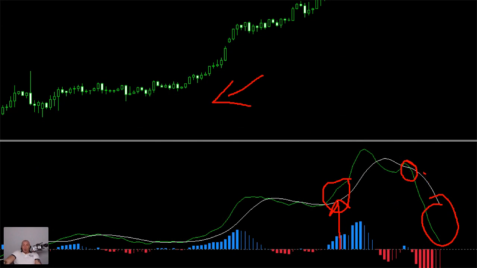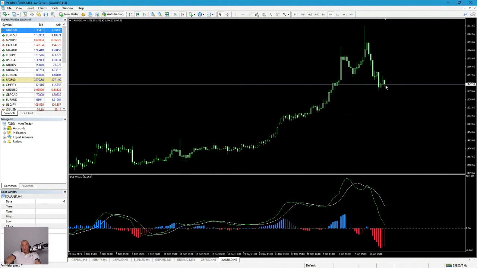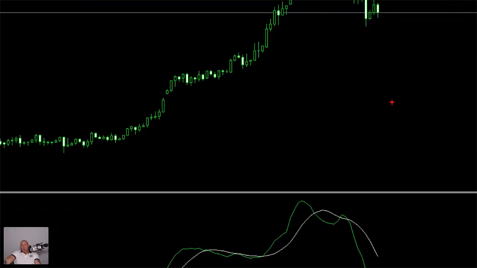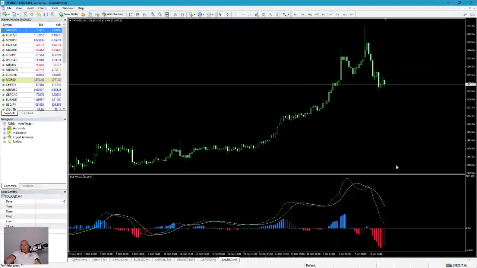Uptrend is because two lines are above the zero line and there is a thinning line. So you see these thin lines mean that there is a retracement. Now the retracement has been done and we might move up from these levels again. We already made pips, but I'm just saying that we still can move up from these levels.